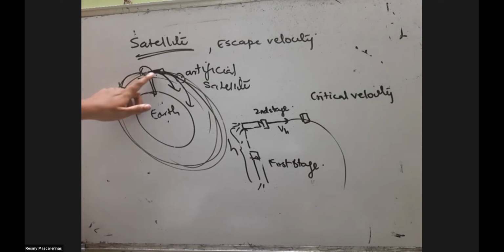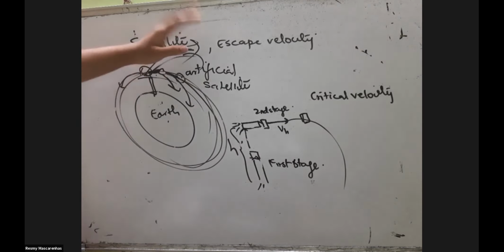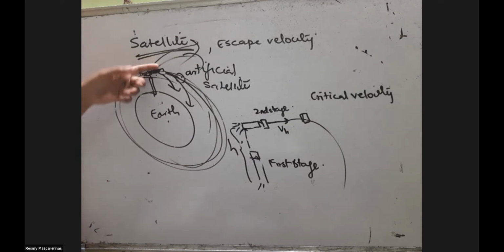If the speed of the satellite or the rocket is very less compared to the particular velocity which has to be there, then it will fall back to the earth. Second case: if it is too high, the satellite will go outside the orbit of the earth, into space.